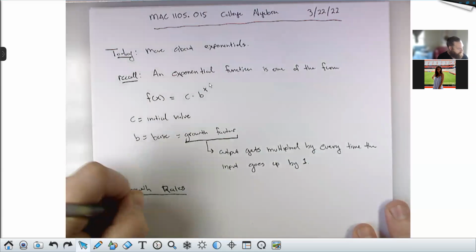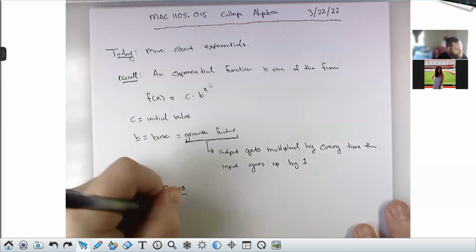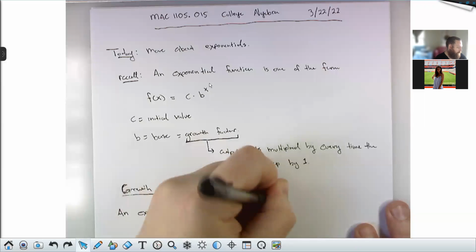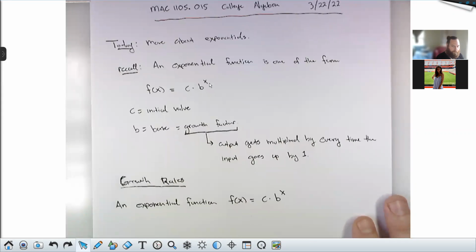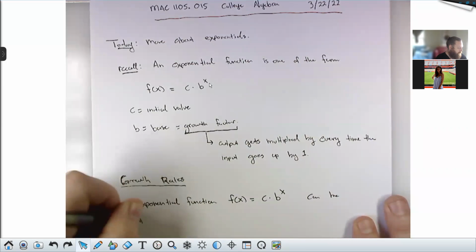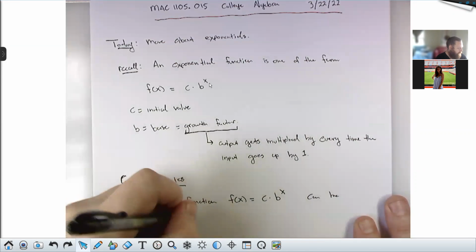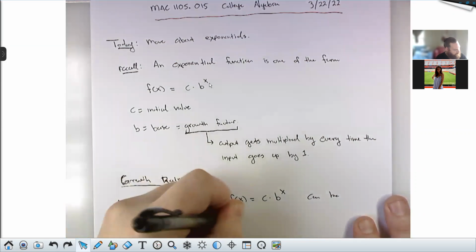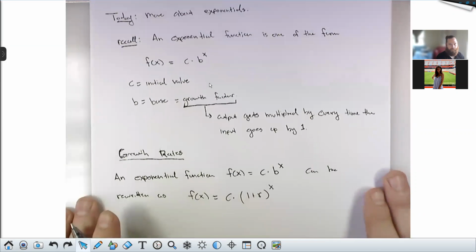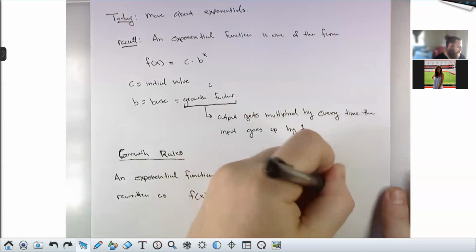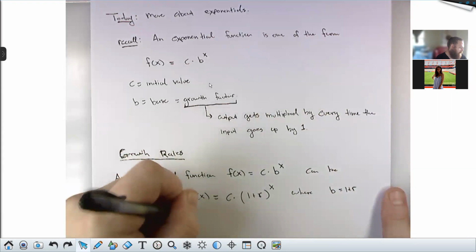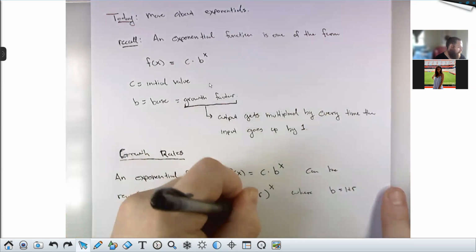An exponential function, something like f of x equals c times b to the x, can be rewritten as f of x equals c times (1 plus r) to the x, where b is equal to 1 plus r, and the number r is called the growth rate.